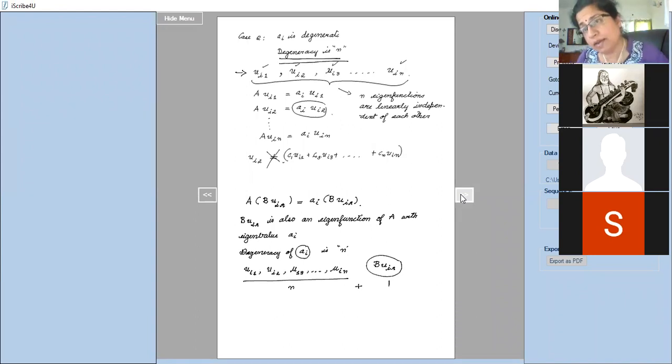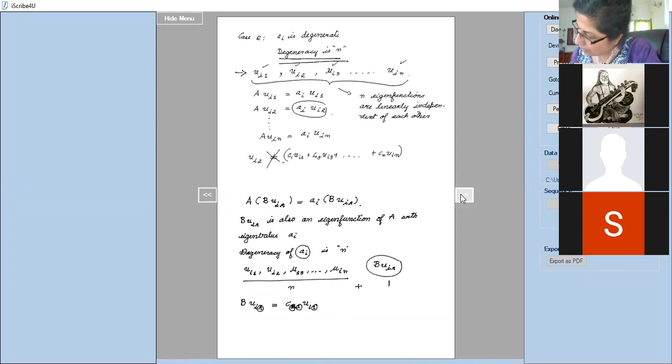So what is the only way out? The only way out is that this B u_i r we should be able to write as some c. I'm going to write it a little carefully. I'll write it as c_r1 ui1. Remember, this r goes as this, and this 1 goes with this.